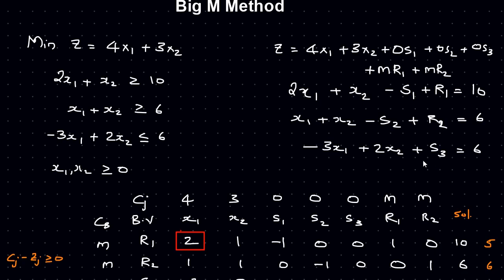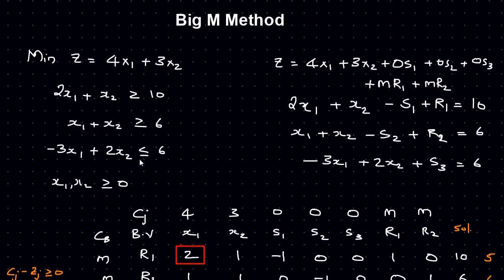That's the difference. Simplex you can use only if there are only less than or equal to constraints, but if you have greater than or equal to or equal to, you need to go for the BigM method and not the simplex method. Okay, so I hope that's clear, and thank you for watching.